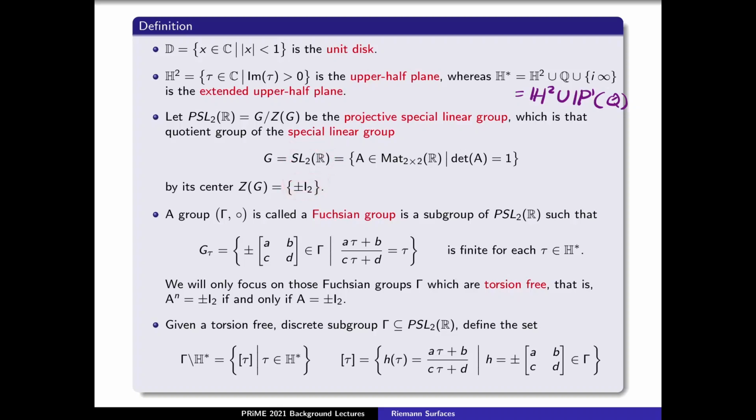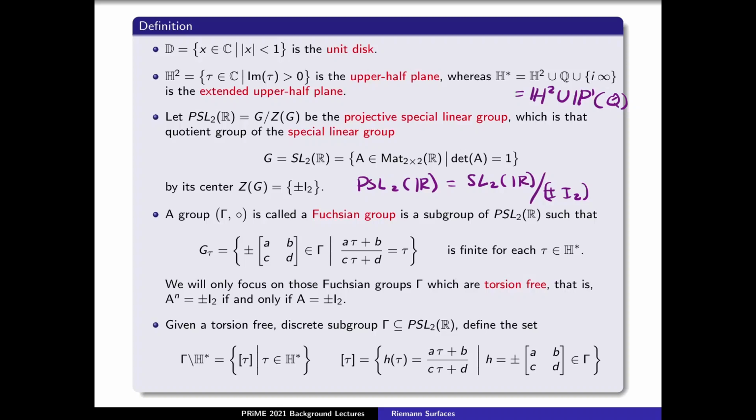And so we are just modding out SL2R by plus or minus the identity. And so just keep that in mind. So PSL2R is just SL2R modulo plus or minus the 2 by 2 identity matrix. And so matrices in this quotient group are identified with their negative.